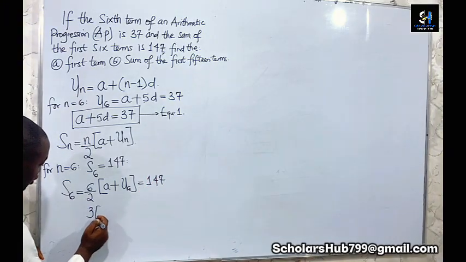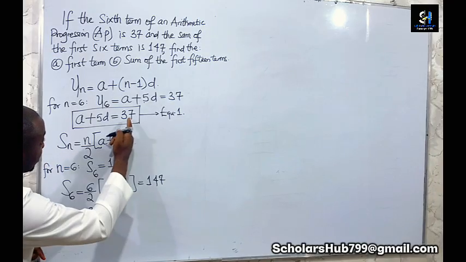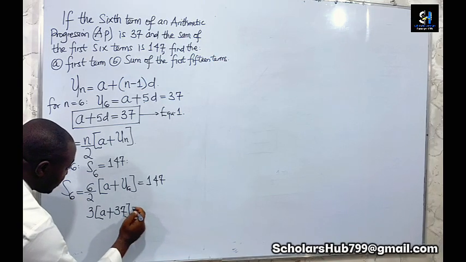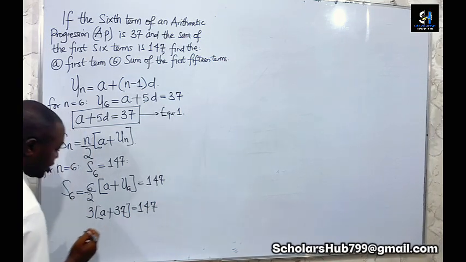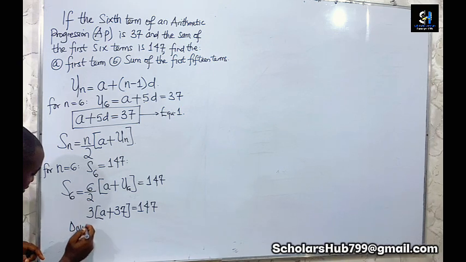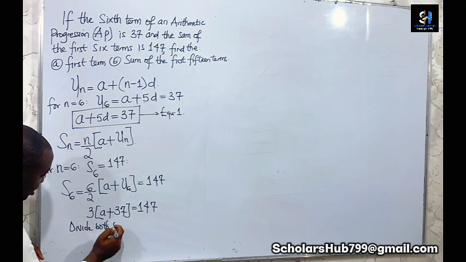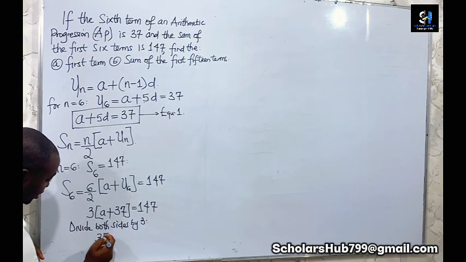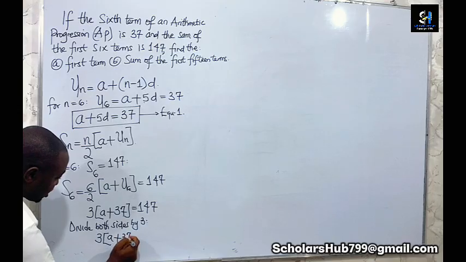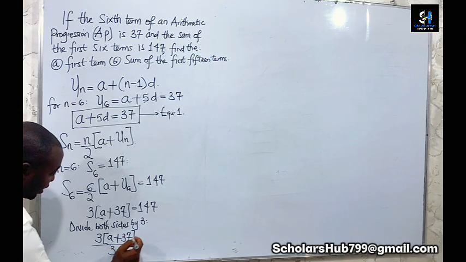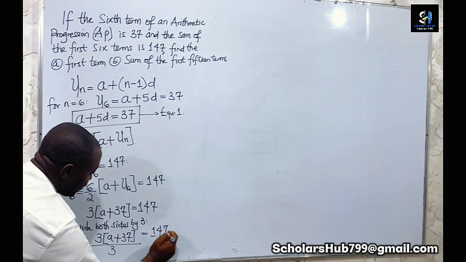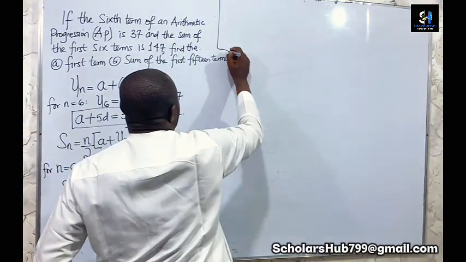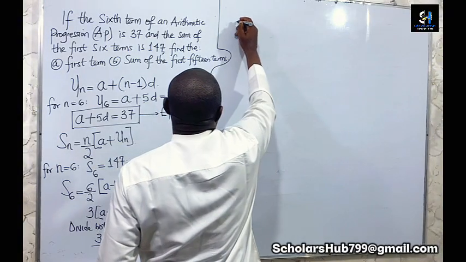So this will be 3 square bracket a plus, remember this is 37, so plus 37 equals 147. If we divide both sides by 3, we get a plus 37 equals 147 divided by 3.